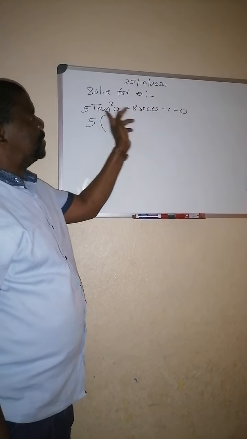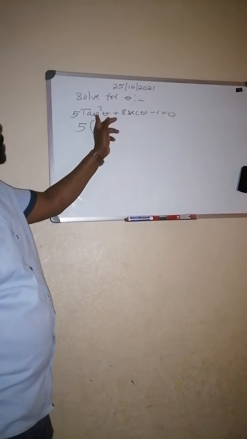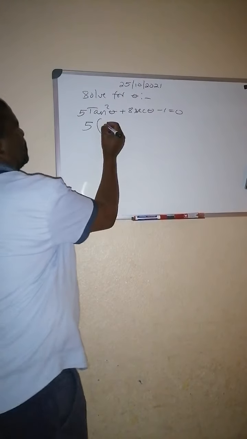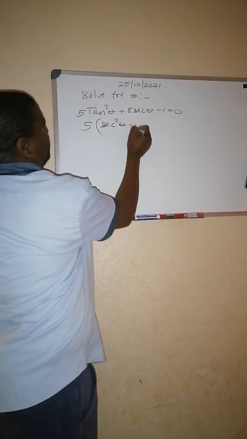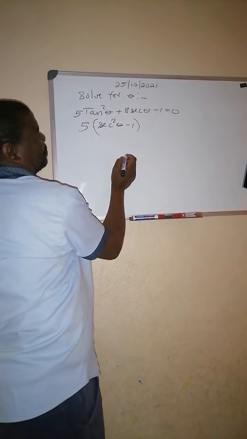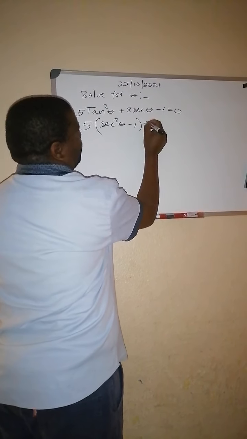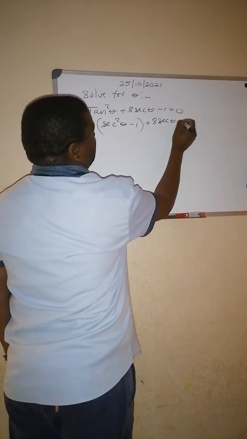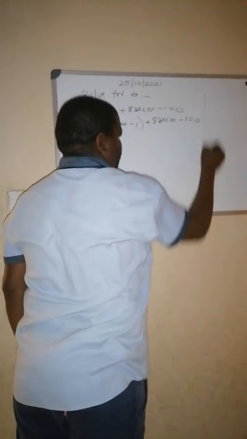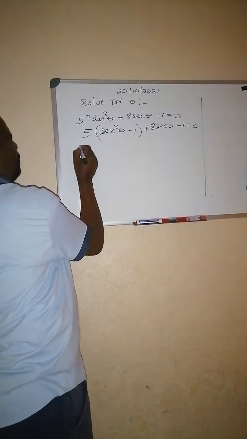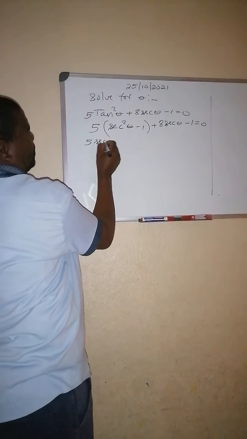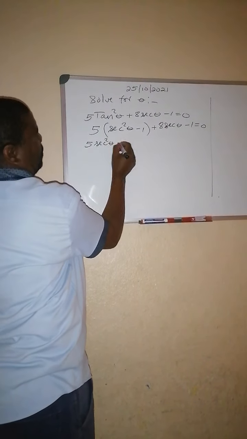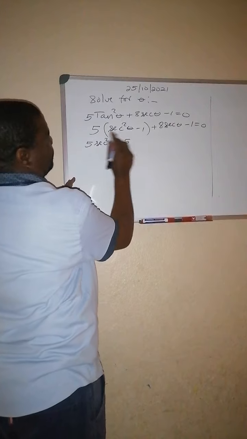Now when we establish the same ratio throughout, we will realize that tan squared theta is the same as sec squared theta minus 1. Then we can say 5 times the bracket, plus 8 sec theta minus 1 equals 0. If you multiply out the bracket, this is what we are having.